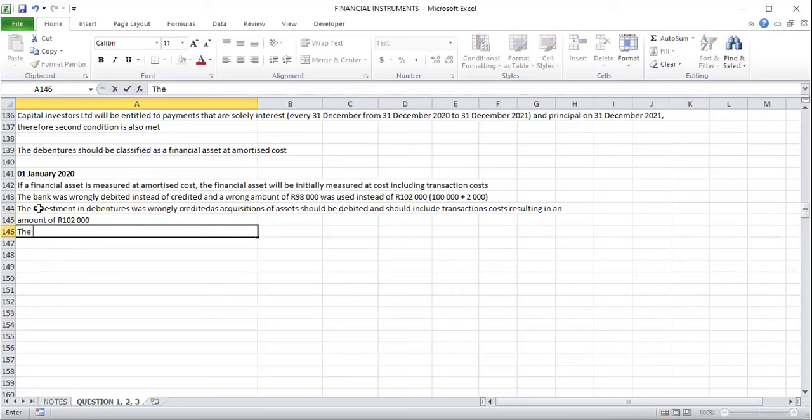Right. The transaction costs were wrongly separately recognized.